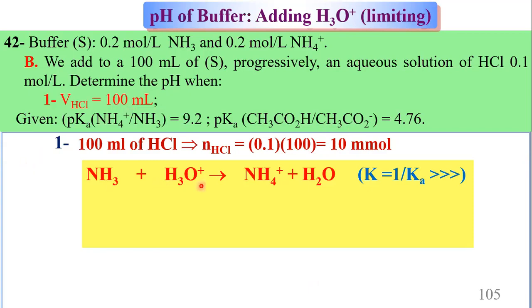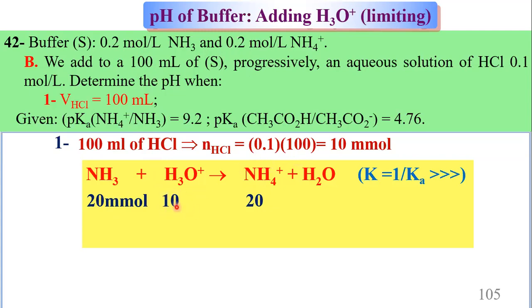Of course, do a stoichiometric chart again with the reaction going one way, irrespective of the K value, okay? As long as I have acid as a reactant, just go one way, reaction complete. Initially, we have 20 millimoles of the ammonia and 20 millimoles of the ammonium ion, because I took the number of moles multiplied by 100 milliliters of the buffer. And I had 10 millimoles of my HCl added.